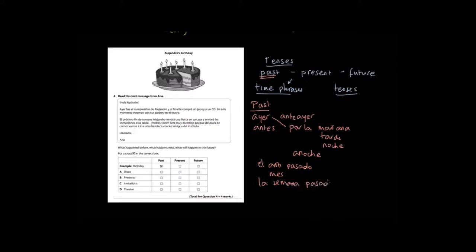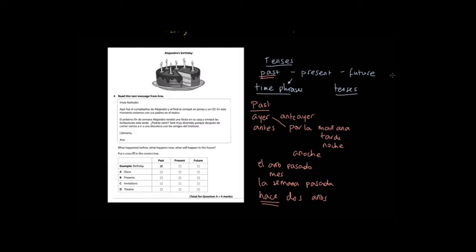Another common past expression is the expressions with hace. Hace 2 años, 2 years ago, with this hace. Remember, hace also means it makes or it does, okay? But in this case, it doesn't mean this. It just tells you how long ago something happened.